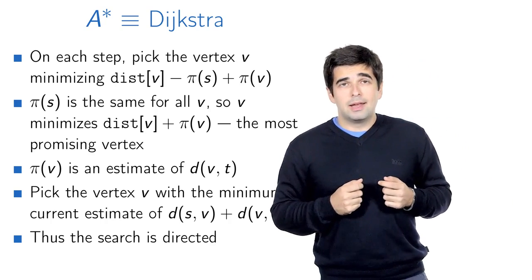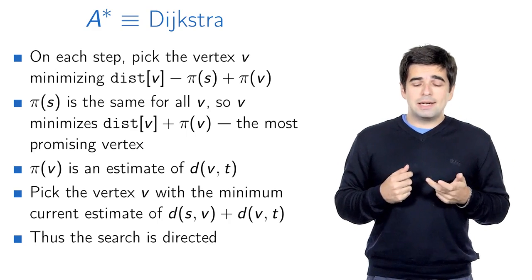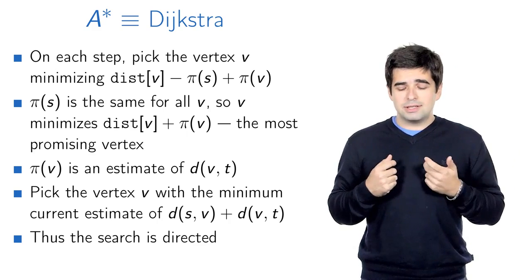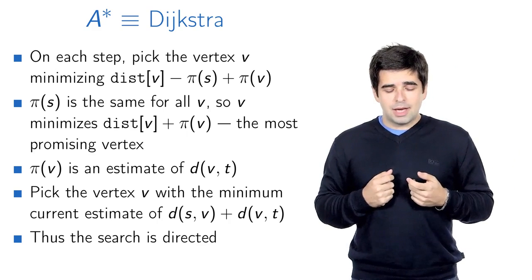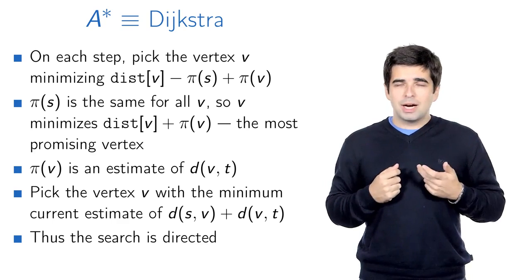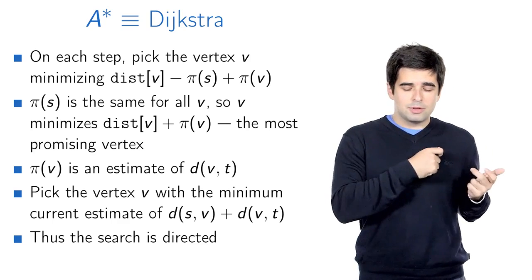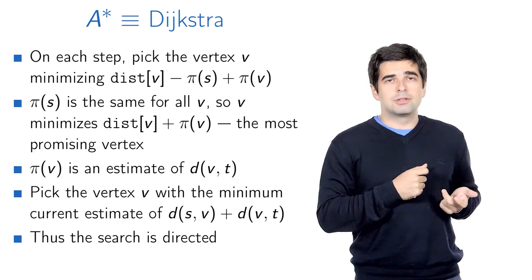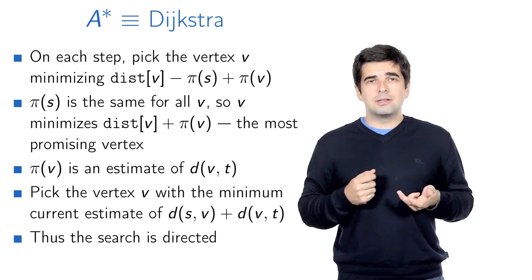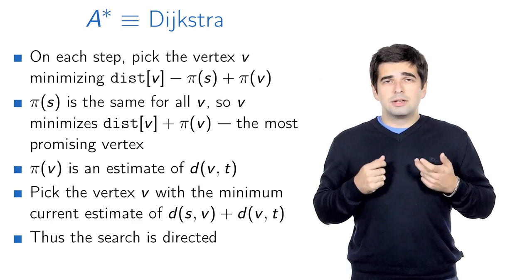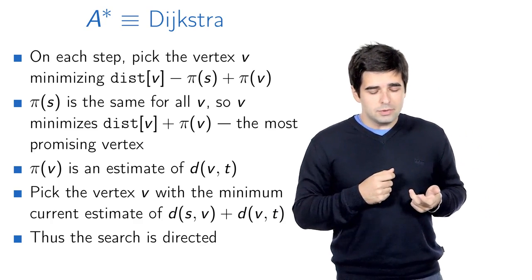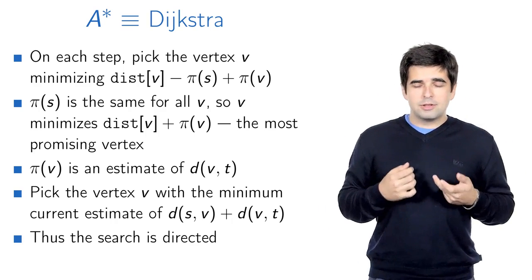And in some sense, this is basically the most promising vertex, because pi of v is an estimate of the distance from v to the target. And so we picked vertex v with the minimum current estimate of the distance from source vertex to v plus the distance from v to the target vertex. And this is in turn an estimation of the shortest path from S to T going through v. So this is why the search is directed.